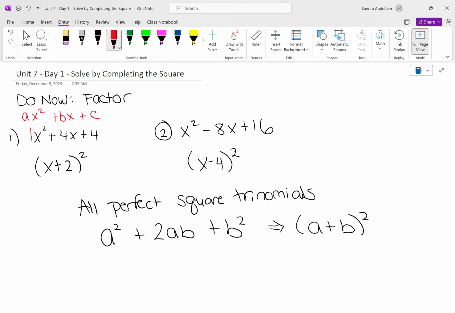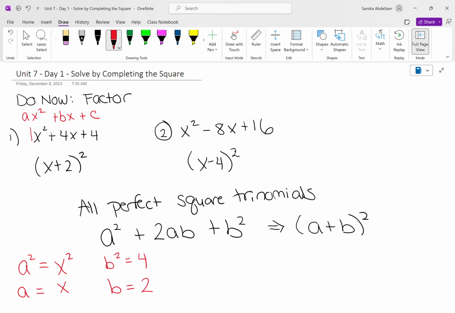So right now, our a squared right here is 1x squared. Well, if a squared is 1x squared, what is just a? If a squared equals just x squared, what is a? A is just x. And then our constant is our b squared. So if b squared is equal to 4, what is b?